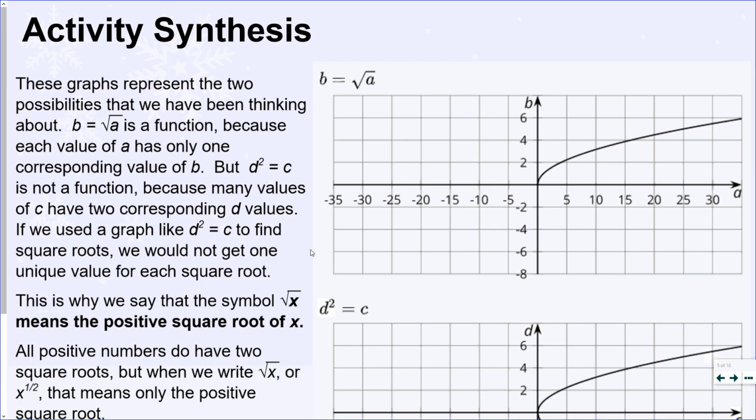Okay, so now let's think about the actual operation of root itself. So when we solve an equation of, say, let's say we have an equation d squared equals c, right?